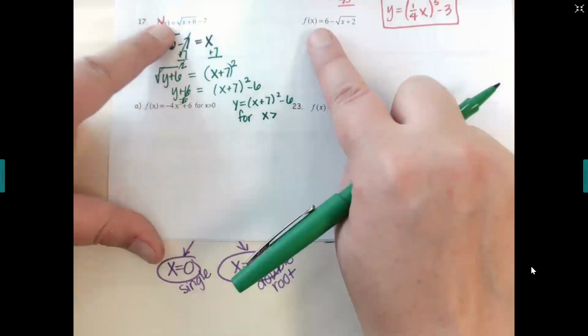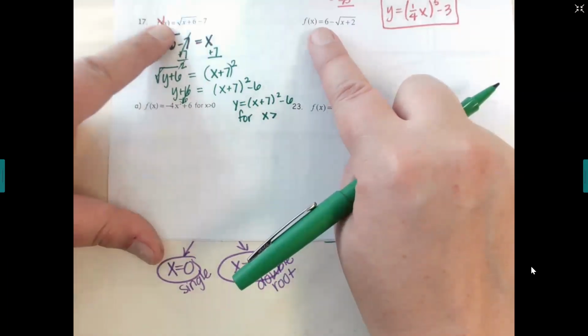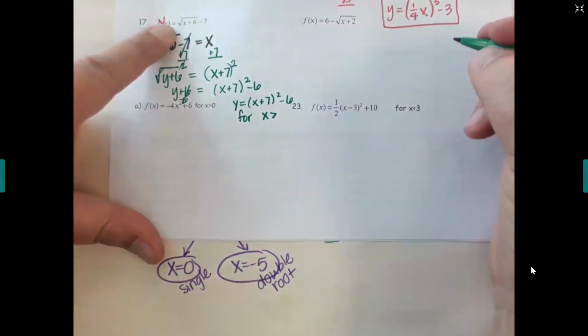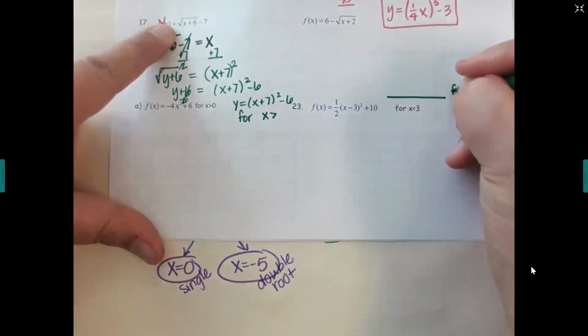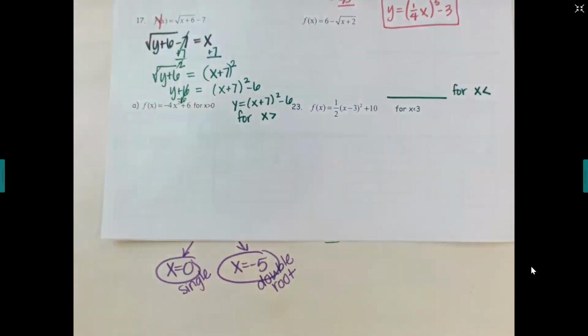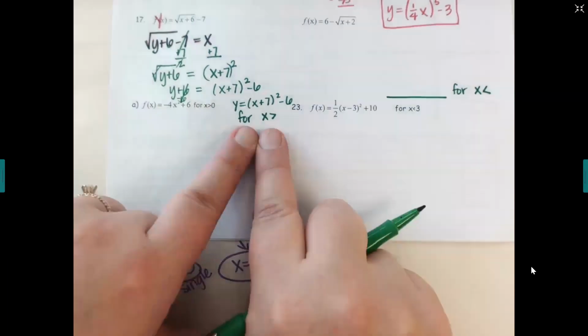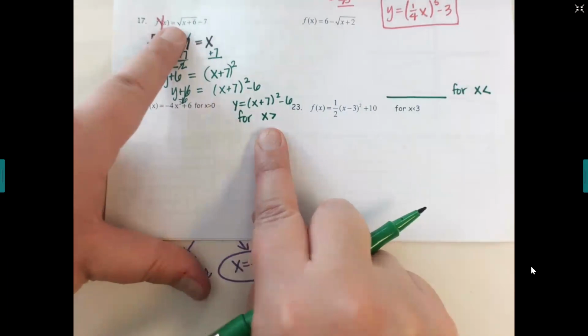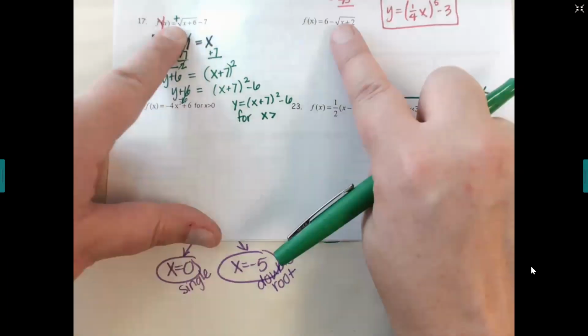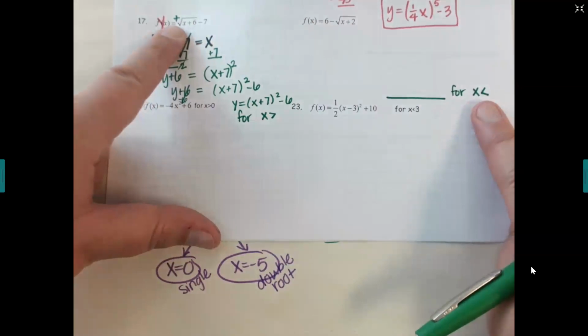Now, when you do this question over here, what are you going to end up picking? What kind of square root is this one? Negative. So I'm going to go ahead and put for x is less than. Okay, but how do I know that it's a greater than? Because this was a positive square root at the beginning. Versus if it was a negative square root at the beginning, that's what makes it come out to be a less than.